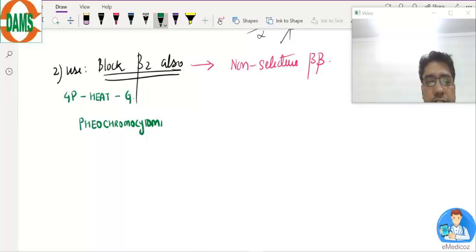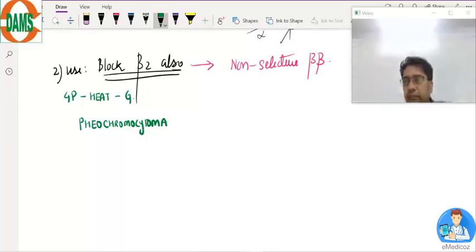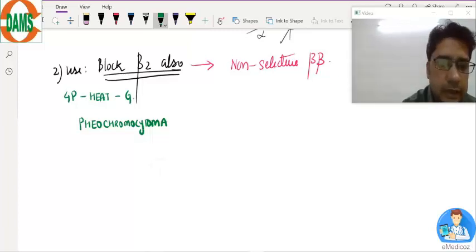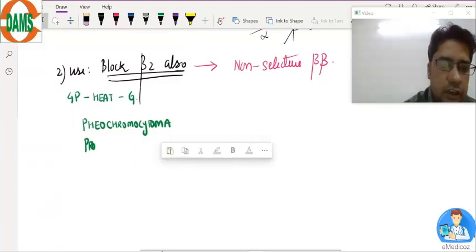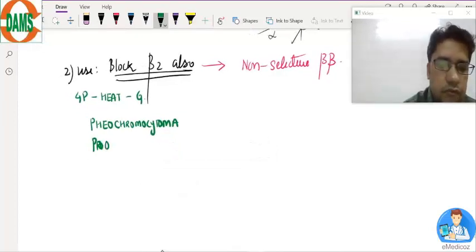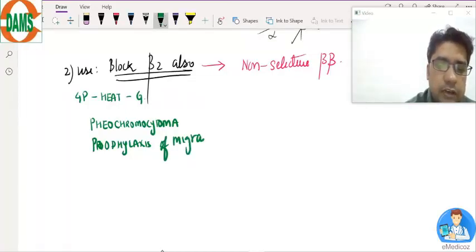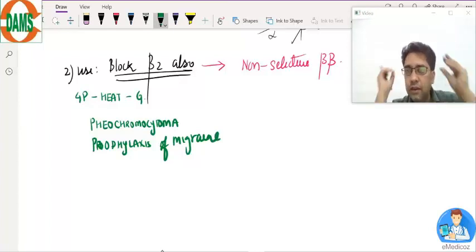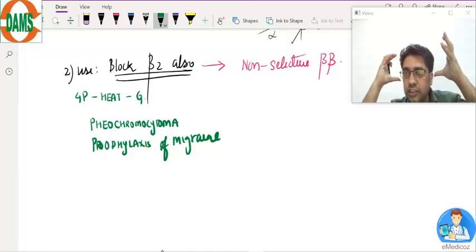Remember, after phenoxybenzamine, we were giving one drug, pheochromocytoma. Next P you will write, beta blockers are the drug of choice for prophylaxis of migraine. Beta blockers are the drug of choice for prevention of migraine. Remember, in migraine there is vasodilatation.